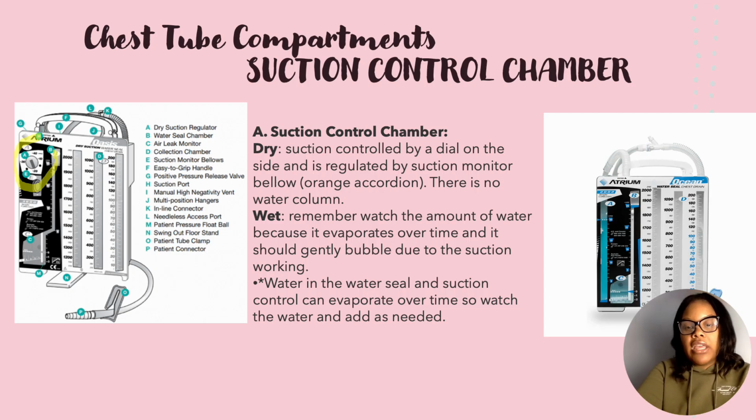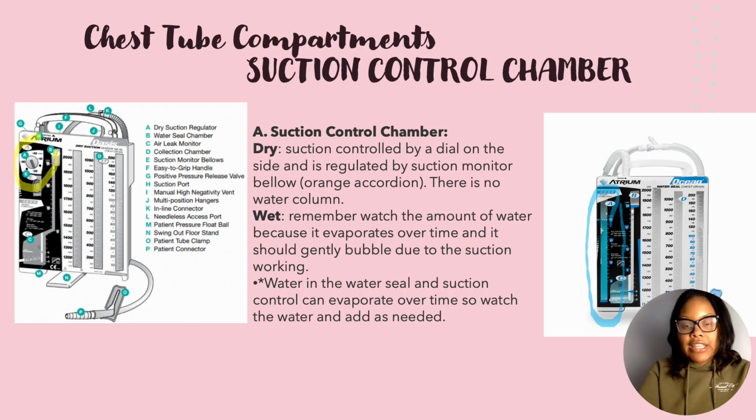All right, over here we have your wet suction. When we're comparing both chest tubes, we see that one has an extra column than the other, right? This column right here is our wet suction chamber. Instead of dialing like we did on the dry suction to the appropriate suction amount, here we would just fill up water.